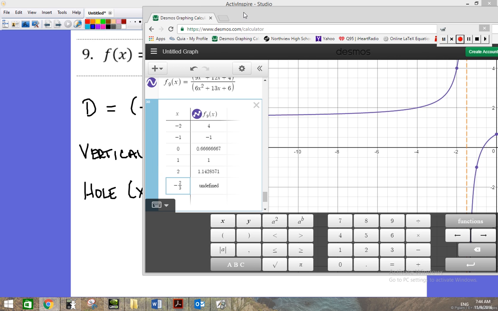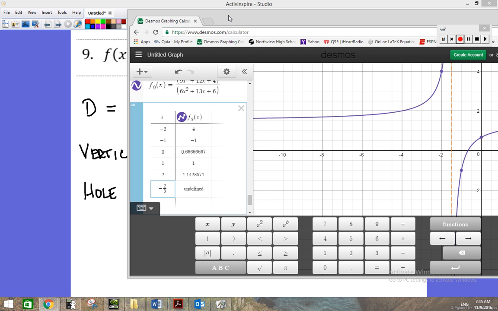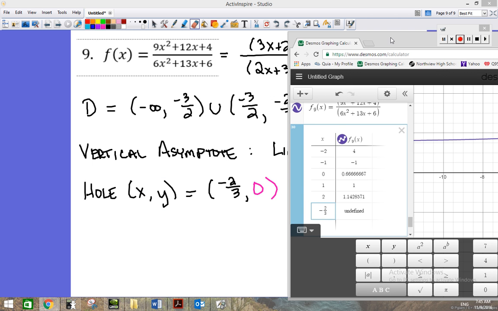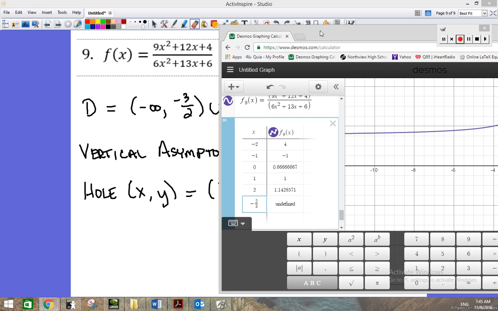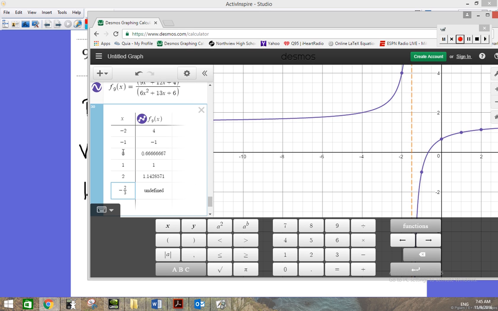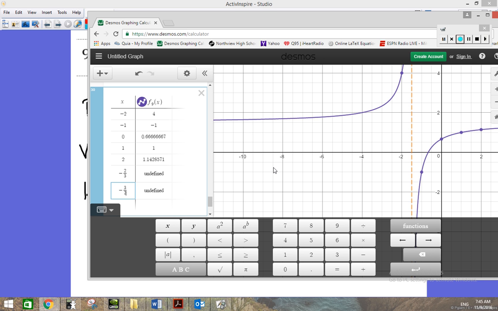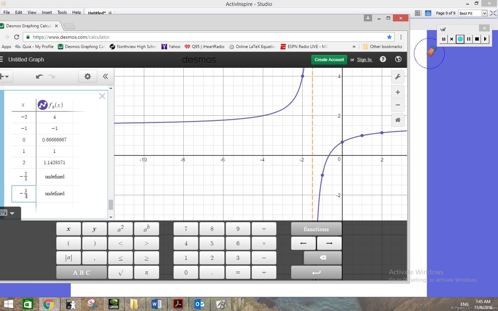So that point, negative 2/3, is not related to any y value. Now the x equals negative 3/2 was a vertical asymptote. It will also be undefined in the table, although we see that from the graph, from the dashed line. We recognize that immediately. So I hope that helps.